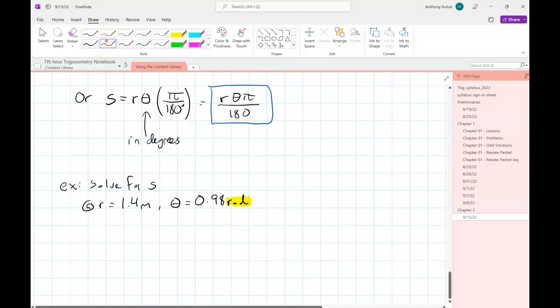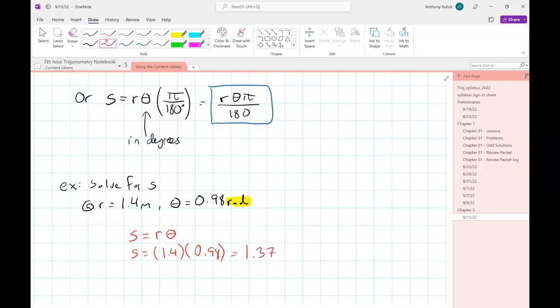Okay. Anyways, back to our problem. Since our angle is in radians, I'm going to use the formula S is equal to R times theta. So I just type that into my calculator, and I get the number 1.372. What unit should be attached to this number? It is the length of that arc.